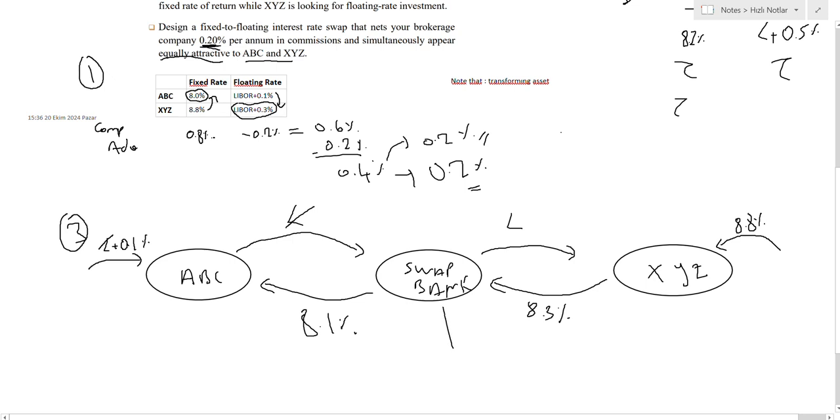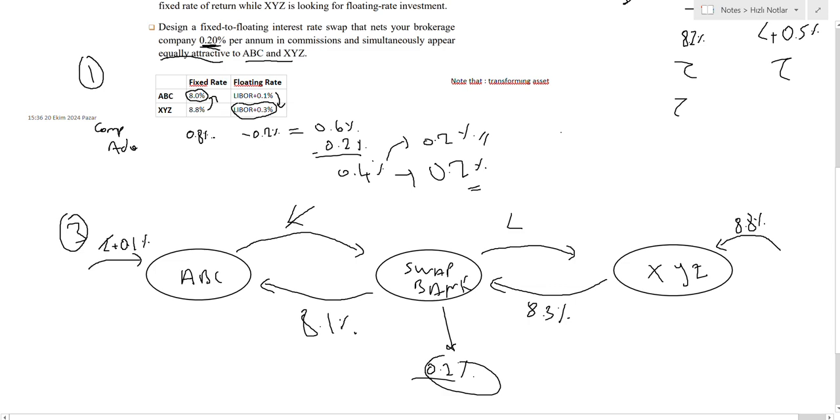Then let's check, did we take our commission successfully? Of course. So we got LIBOR, we give LIBOR, we took 8.3 and we give 8.1, at the end of the day we have 0.2% commission. What a beautiful result, isn't it?